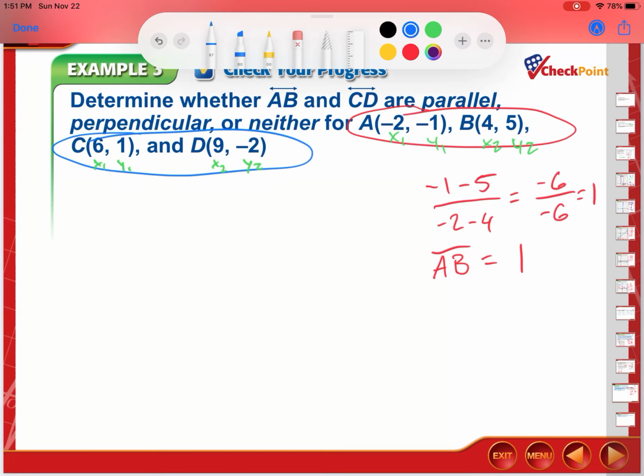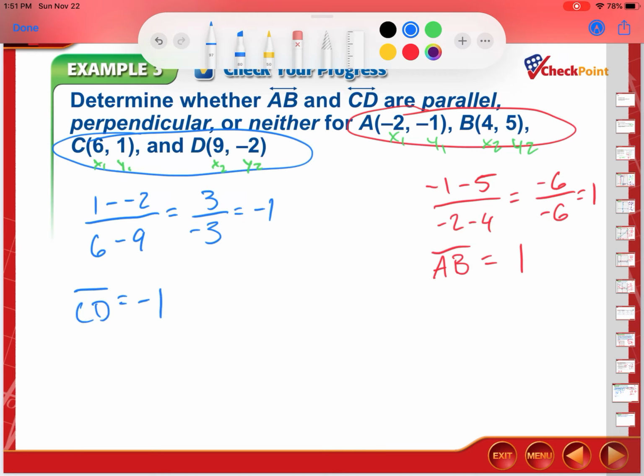I'm going to say x1, y1, x2, y2, and then we're going to plug those in. So y1, 1 minus -2 over 6 minus 9, which leaves us with 3 over -3, which is the same as -1.